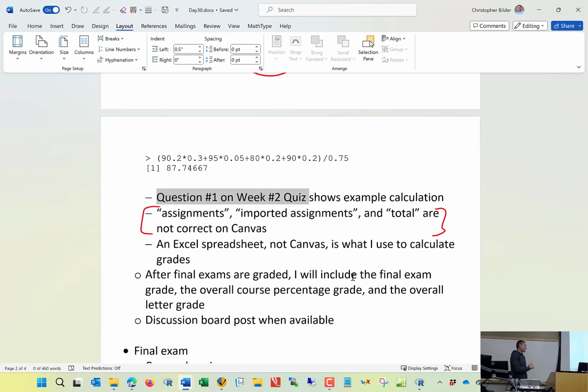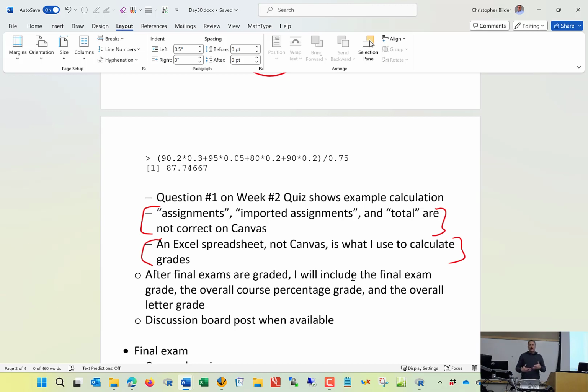But they give you some information where they don't necessarily take into account how grades are factored in this course. And so please ignore those. In the end, what I actually use to do the grade calculations is an Excel spreadsheet where I have everyone's grade in there. That's what I use to do the grades.